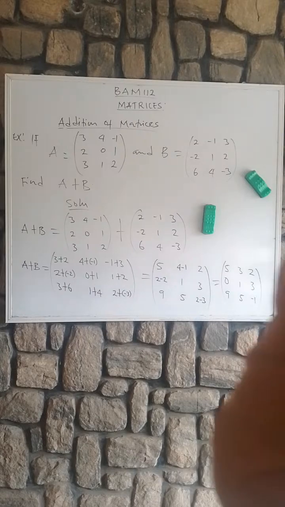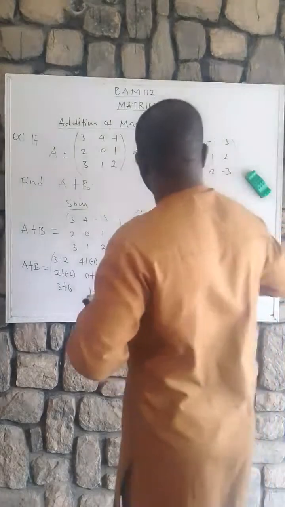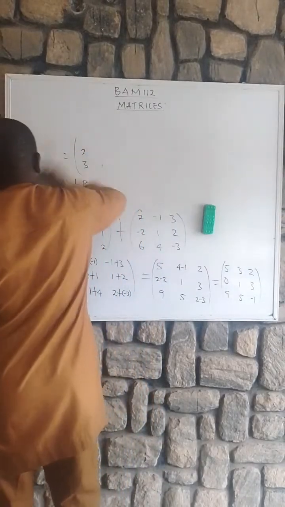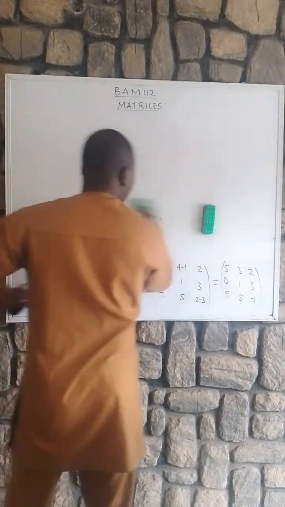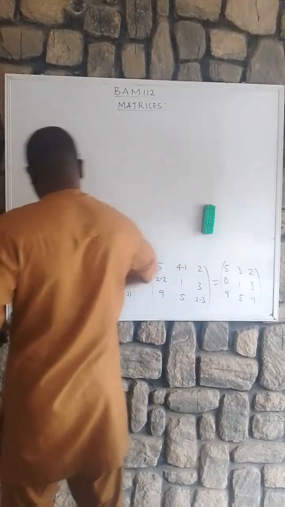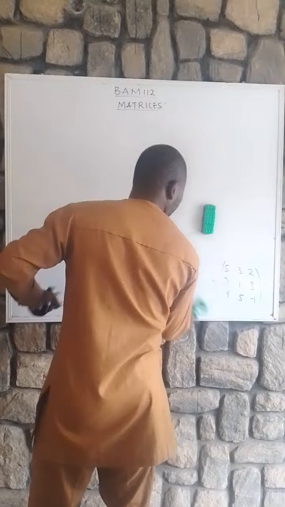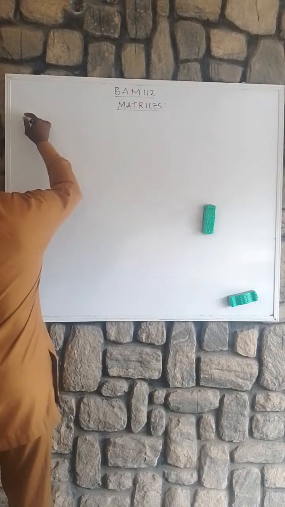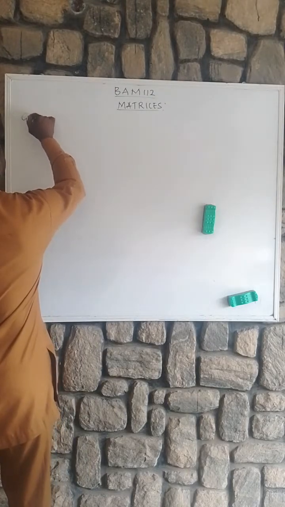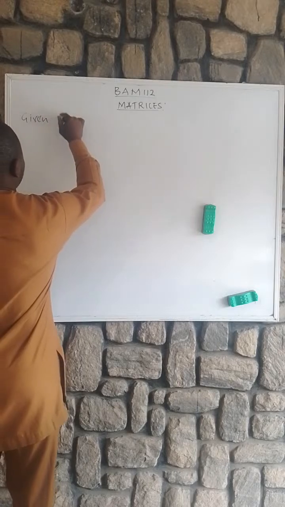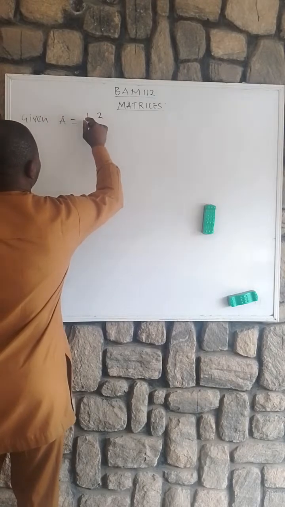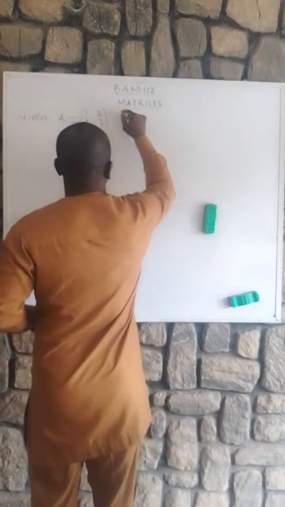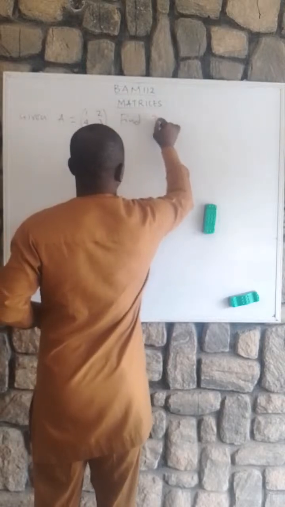Okay, assuming you have given another example, given matrix A equals 1, 2, 4, 3, and it now says find 3A.